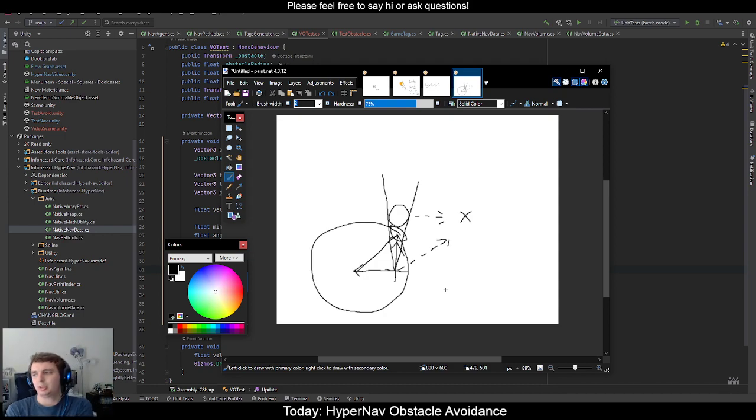Yeah, actually this should be fairly easy now that I think about it. Because I'm just rotating this vector, which is this vector, to the edge of this circle, or this ellipse.